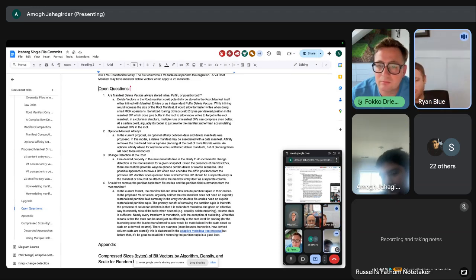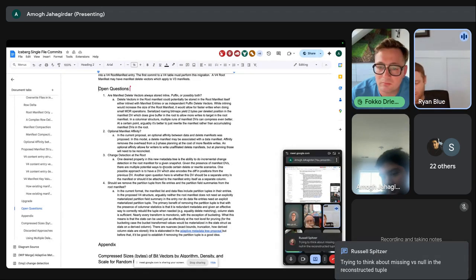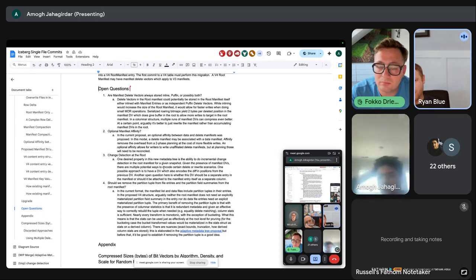So an equality delete is scoped to a certain point in time using the sequence number and a partition of the table. So we need to be able to check, is this equality delete in the same partition as this data file, right? And so we will be able to construct these no matter what. The question is, do we want to store the data in the new stat structure and completely get rid of the old, or do we want to combine these values and keep them in a partition tuple struct?